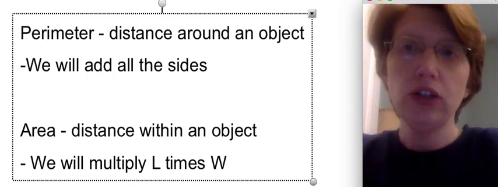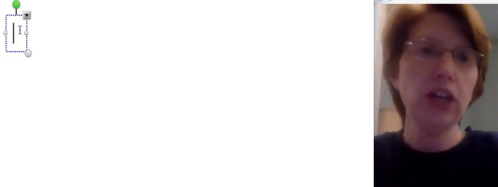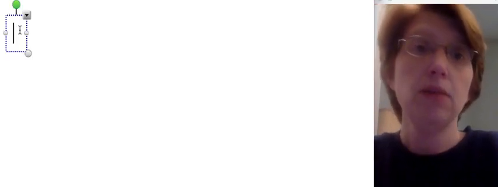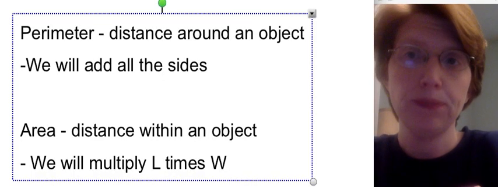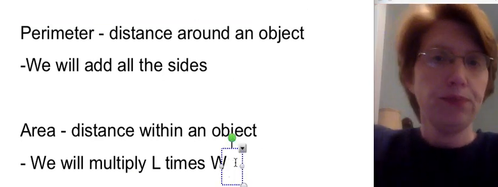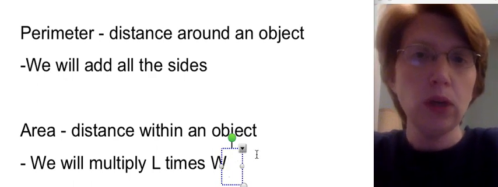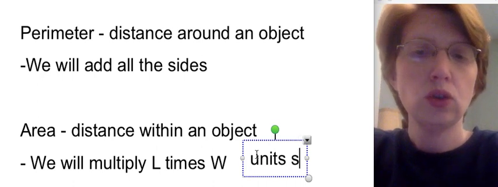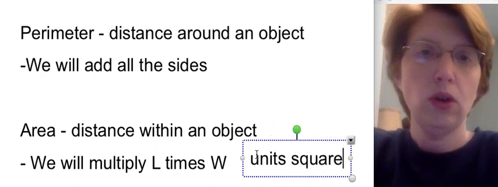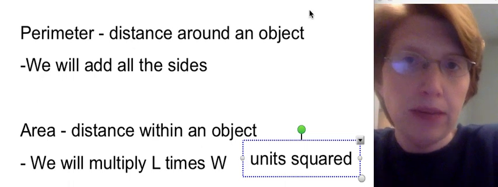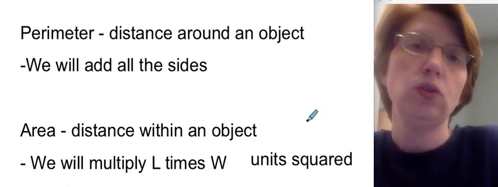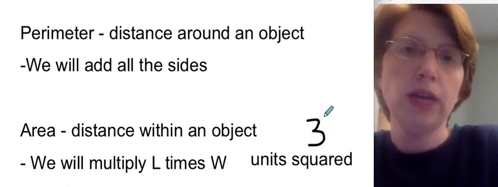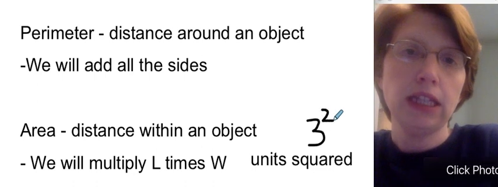Now, the way we're going to do this is I'm going to read them and we're going to read them together and we're going to figure out together what we need to find, but then I'm going to let you find it. Oh, let's go back. I want to remind you of one more thing. When we find area, what is it important that we put in the answer? We need units squared, which means that, let me get my little pen, that we're going to write, let's say if the answer is 3, we're going to write the little 2 at the top, right?